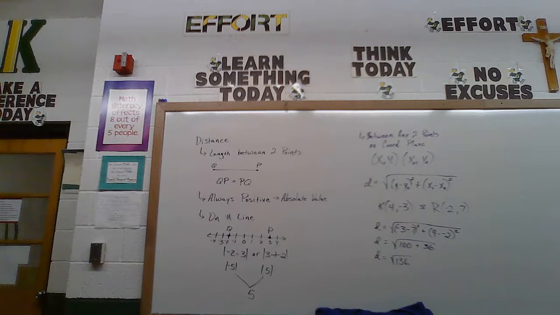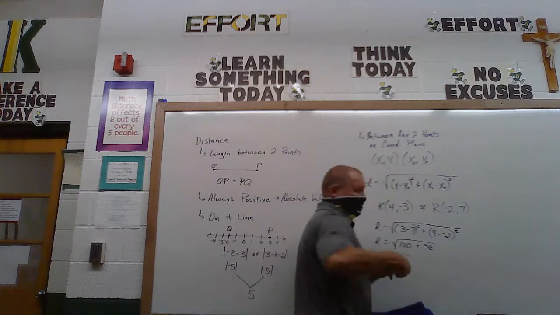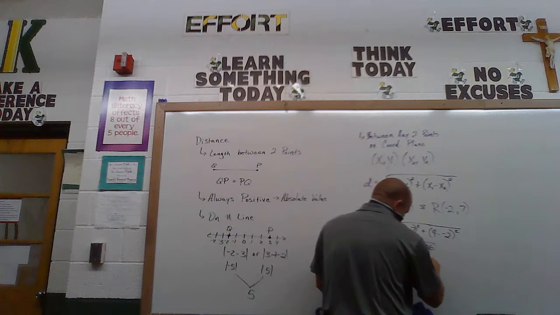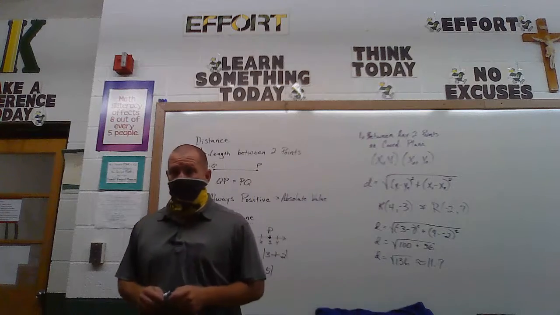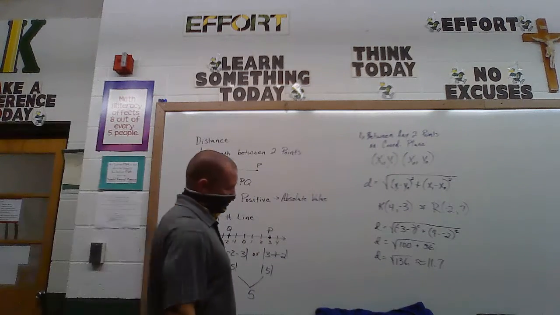So we say the square root of 136 is 11.6. So again, now, do I know that this is an exact answer? No, so I'm going to use these squiggly marks. And what does the squiggly marks mean? About, or approximately, right?